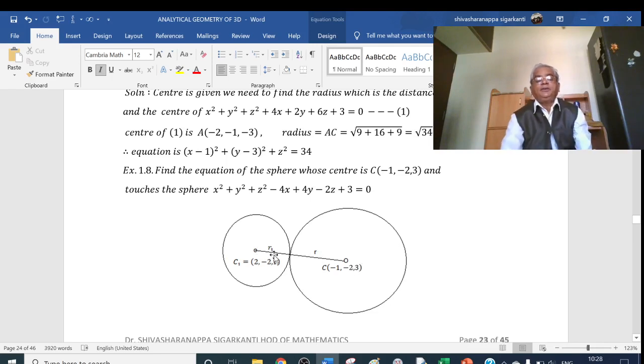Once we find R1 and CC1, we can find R. R is nothing but CC1 minus R1.